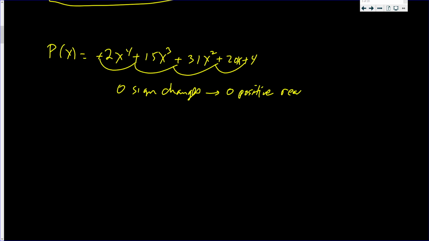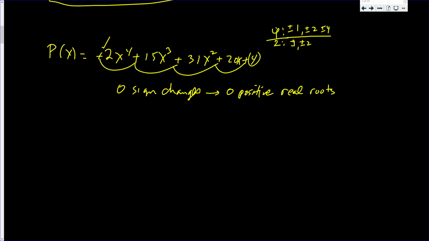Now, this is very, very powerful, because if you did the constant divided by the leading coefficient, the numbers that go into 4 are plus minus 1, plus minus 2, plus minus 4. The numbers that go into 2 are plus minus 1, plus minus 2.